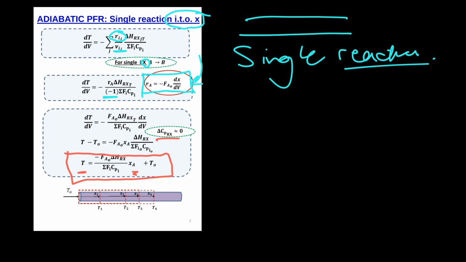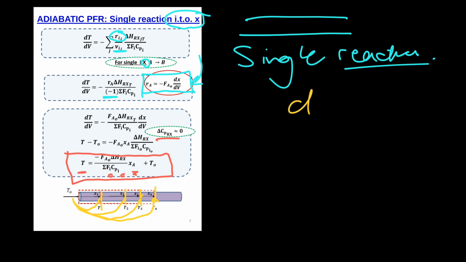So when this is true, of course I can now write F naught Cp naught. So this is the same as that first previous slide where I just showed, have an algebraic equation for your temperature at each different value of X.